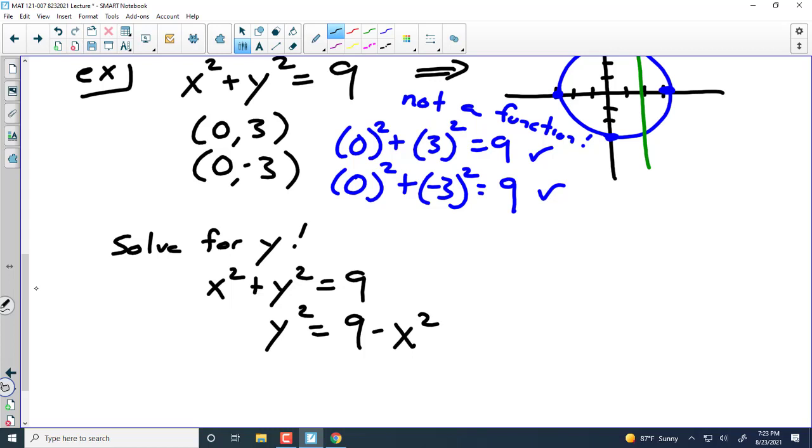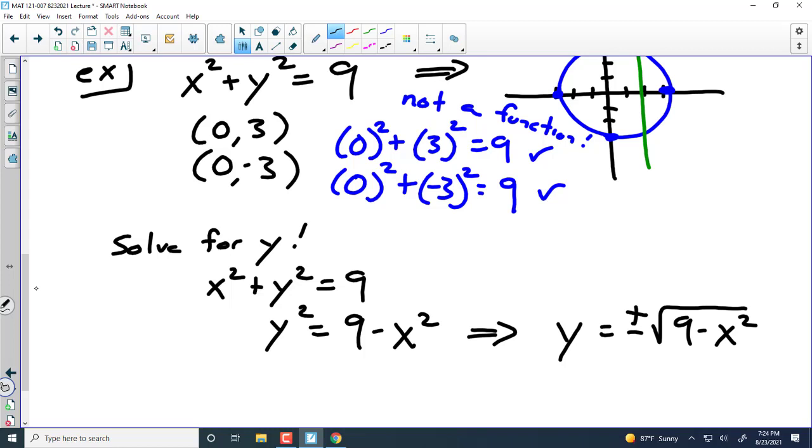And if you apply the square root property, you put a square root over this side. But when you apply the square root property, does anyone remember what you have to put in front of that square root sign? A plus or minus. So basically that y to an even power and that plus or minus that I said were the danger signs, they're related. They're basically the same thing. That's not a function.